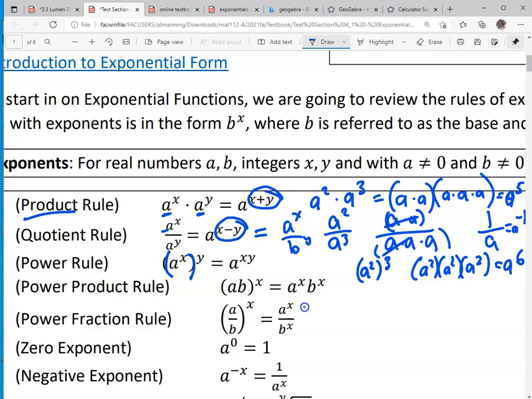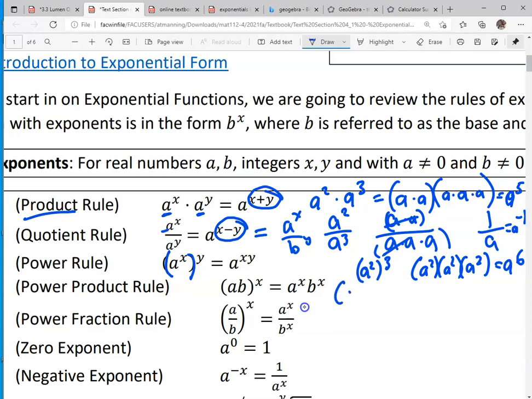Now, that's for any number a. If you have two numbers multiplied together, and then that taken to a power, that's the same as multiplying the first number by itself so many times, and b by itself so many times.